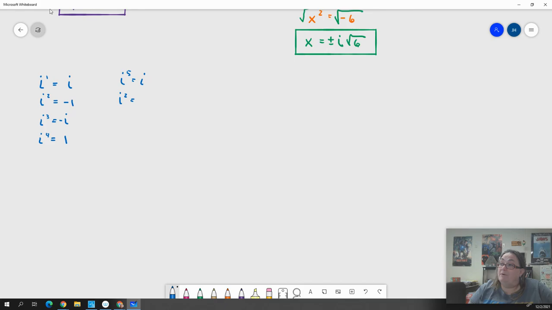I to the sixth power is i times i, which I wrote as i squared because it's the same solution, which we know is negative 1. I to the seventh power equals negative i. I to the eighth power equals 1. And that is going to repeat forever and ever, every 4, right?